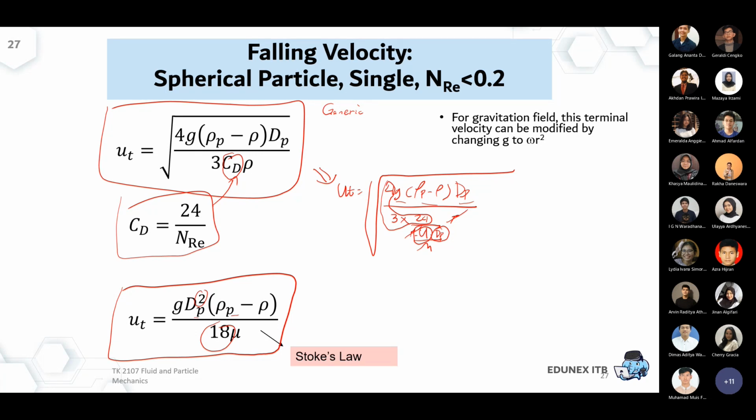So now it becomes UT is equal to g rho P minus rho dP square per 18 mu, something like that.